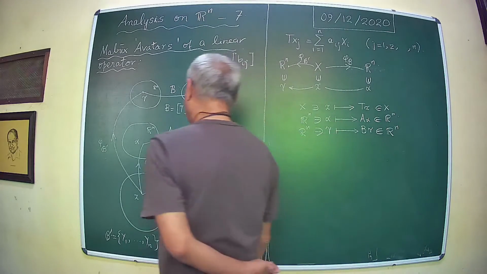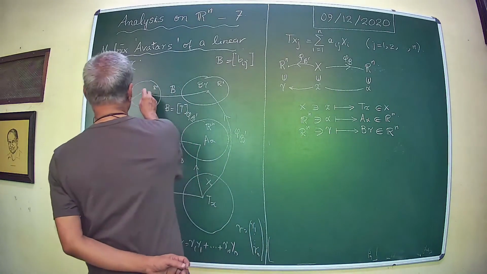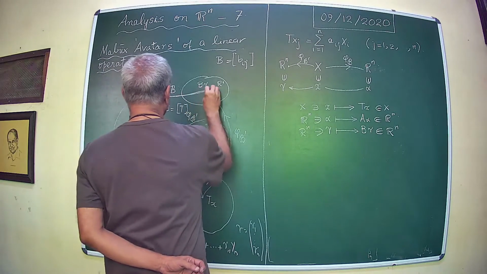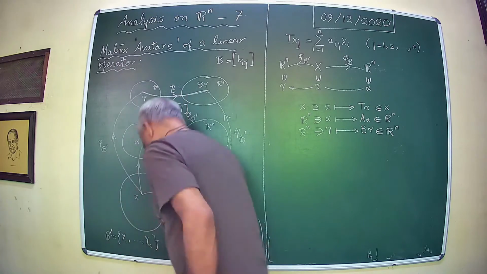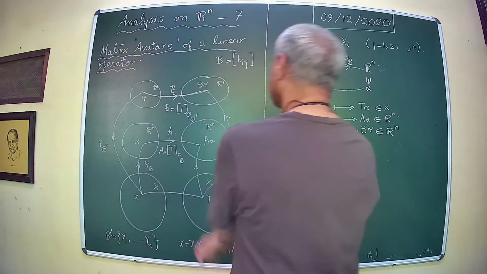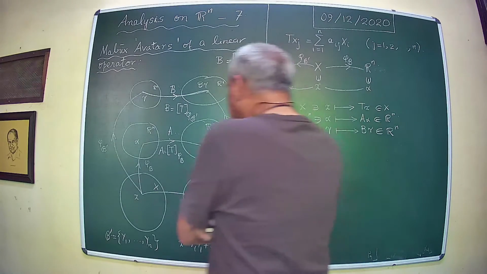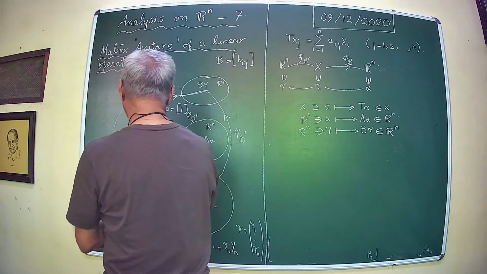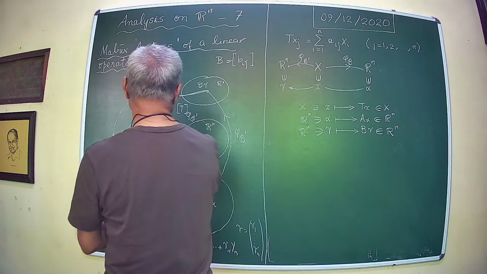What do I have? I want to get B. I want to say what B is. What is B? I go from gamma backwards to x and from x to alpha.